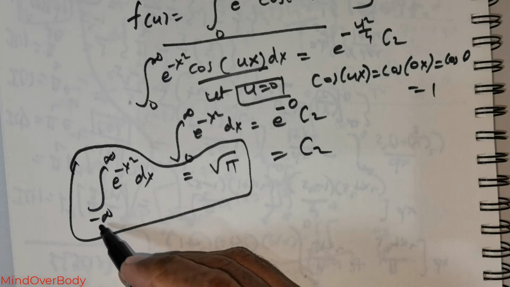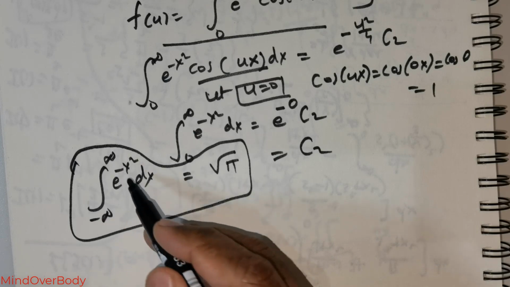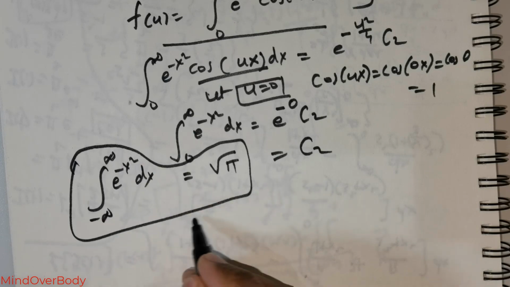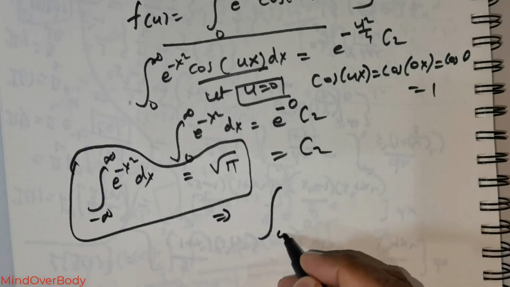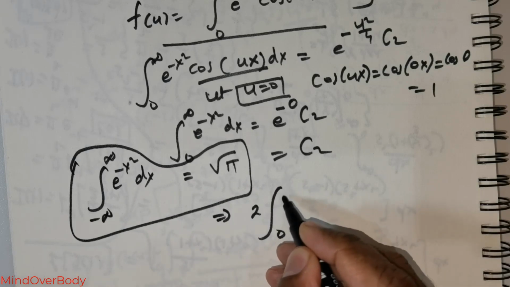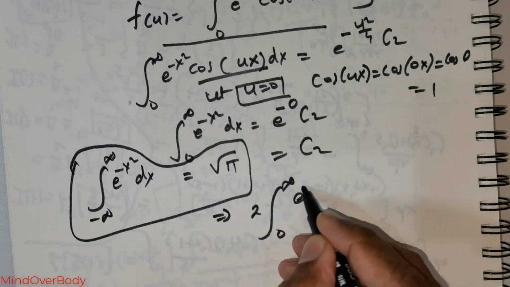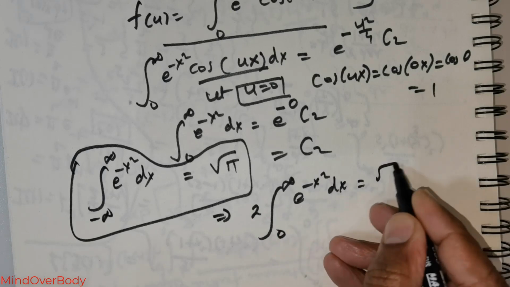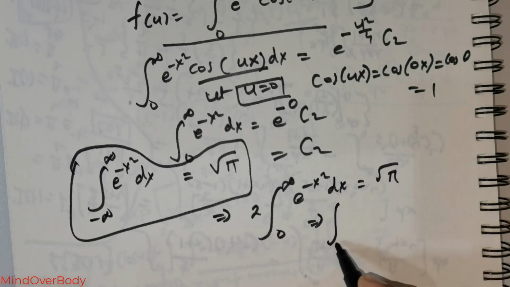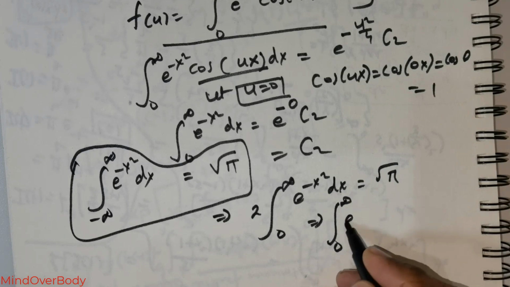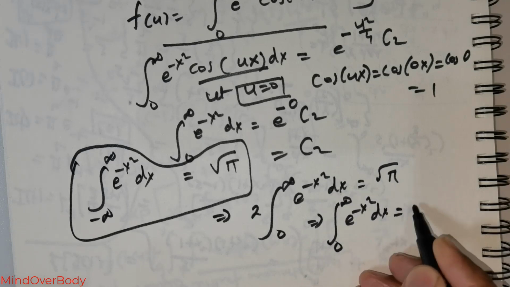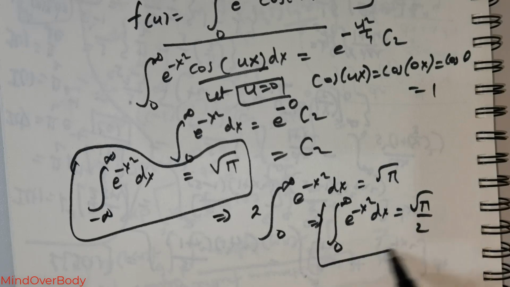This is from negative infinity to infinity, and this is an even function. So this would mean, therefore, 2 times the integral from 0 to infinity of e raised to the power of negative x squared dx is equal to root of pi, which would imply the integral from 0 to infinity of e raised to the power of negative x squared times dx is equal to root of pi over 2.